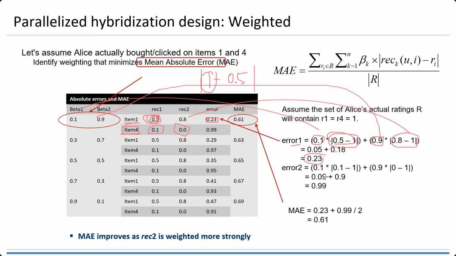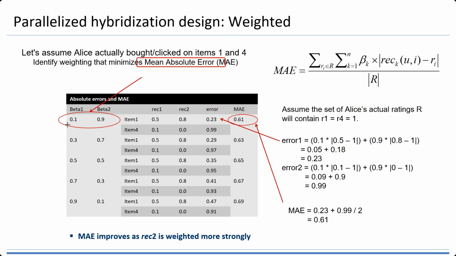If you look at the error here, the error is 0.99. Looking at this, we can have the average error of 0.61. So if we use this weight, the MAE is 0.61.